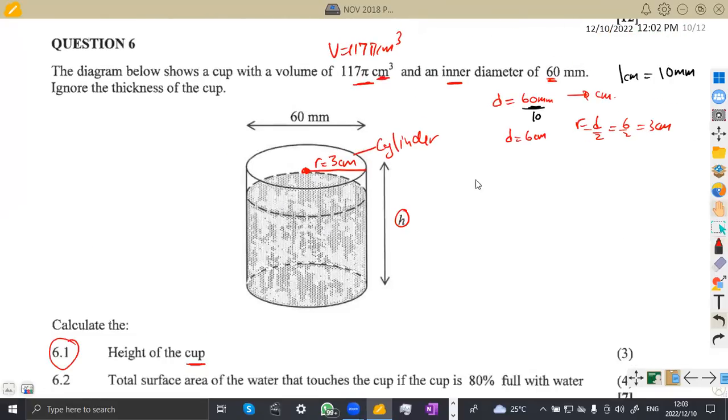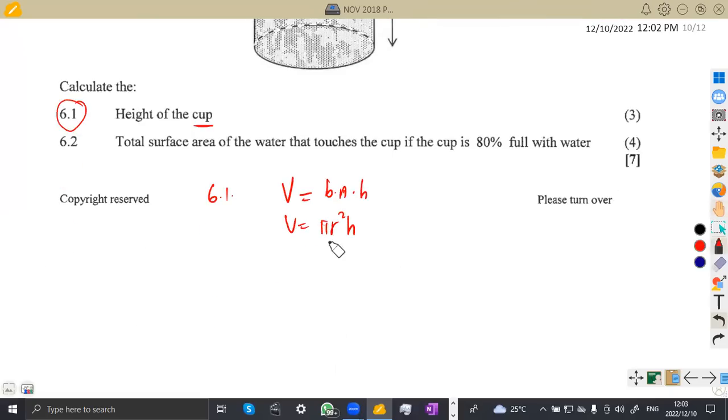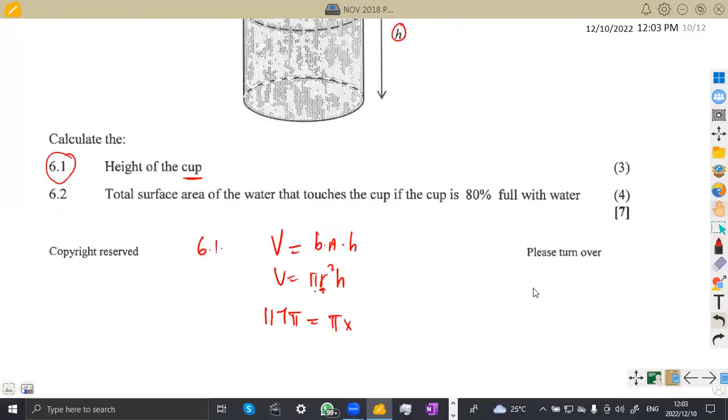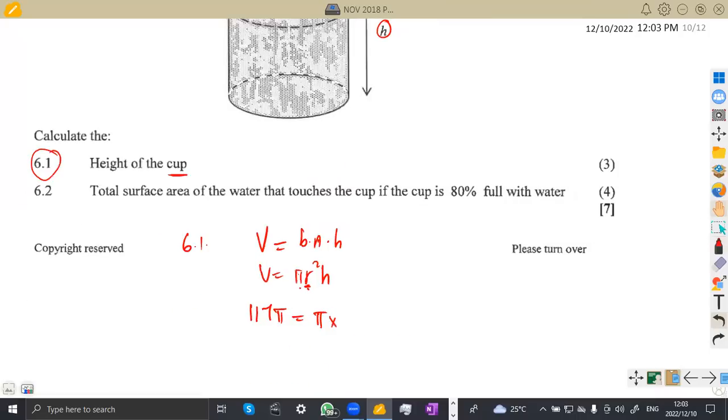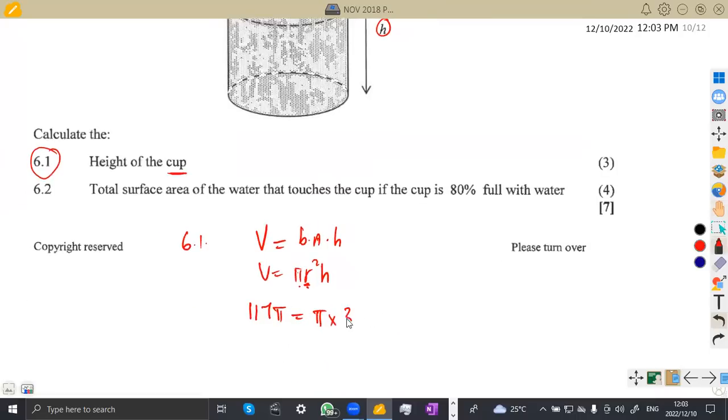Volume, that's 117 pi. So we are going to have 117 pi is equivalent to pi r squared times h, where r is our radius, which we got as 3 centimeters. So it's going to be 3 squared times the height. You need to find h.